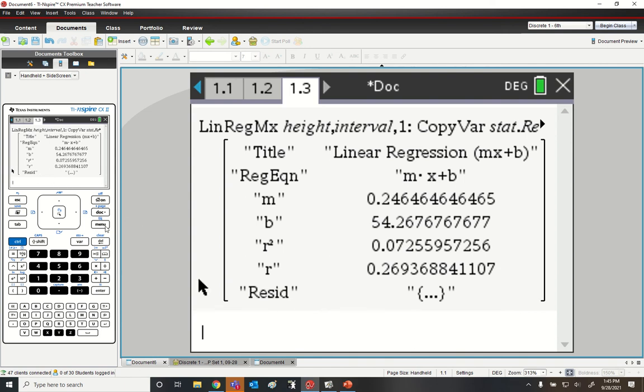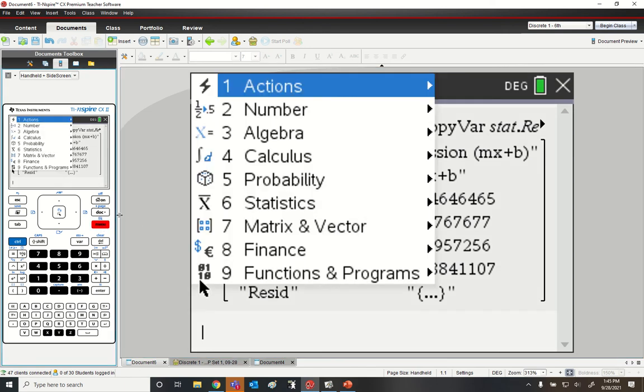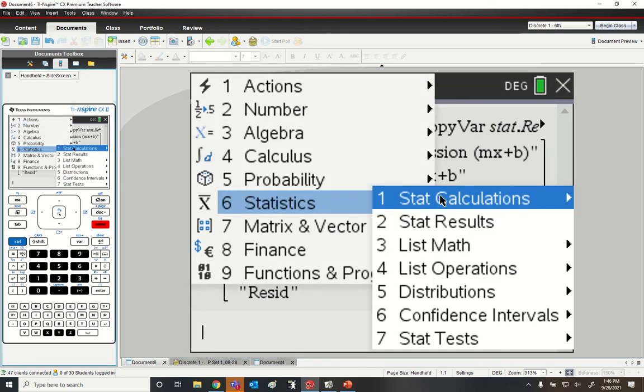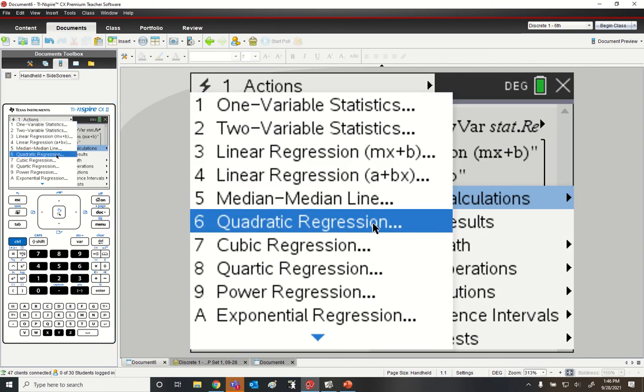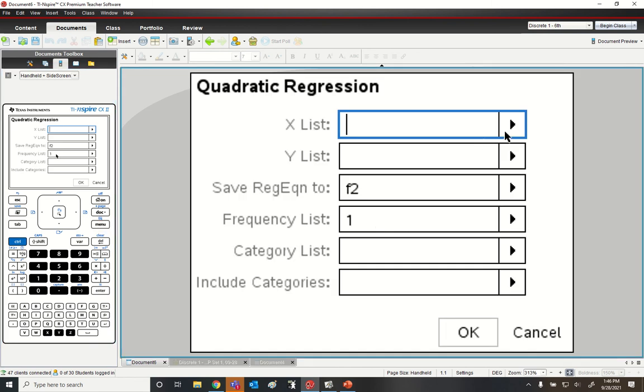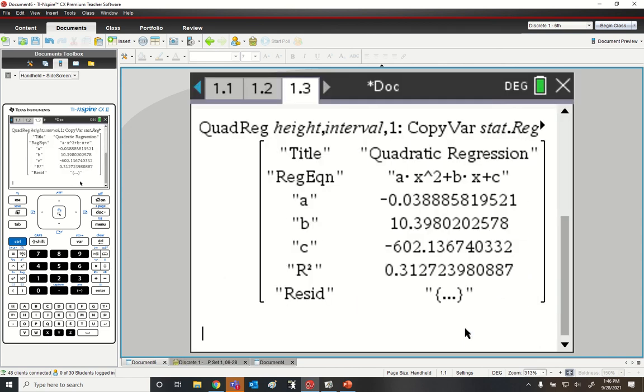So now I'm running the next one. Statistics, stat calculations. Next one's going to be quadratic. Height, interval. Let's look at the r squared value now, because in the quadratic we only have r squareds.